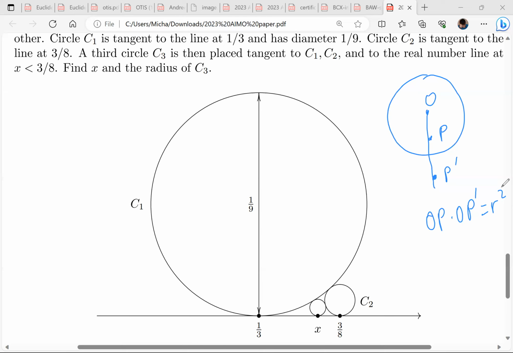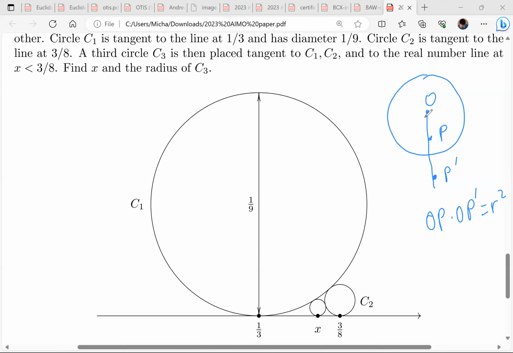So if we pick a circle with radius 1, then they're literally reciprocals of each other. And maybe that's one justification for inversion. It's like you're inverting the number. But it has all these nice geometric properties.